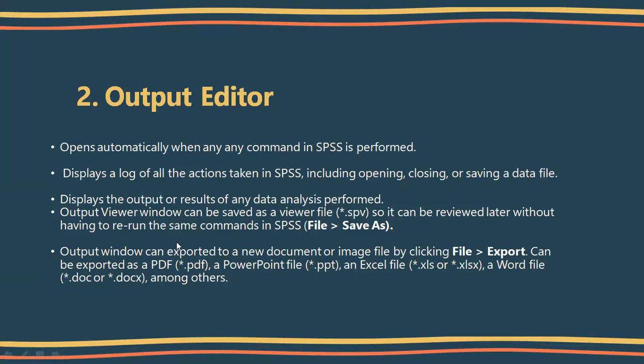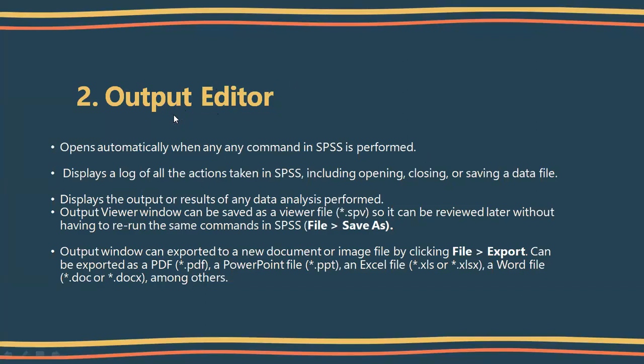These can also be exported. For example, say three of you are working on a group project and only one of you has SPSS. Whoever has SPSS will conduct the analysis and have the findings in the output.